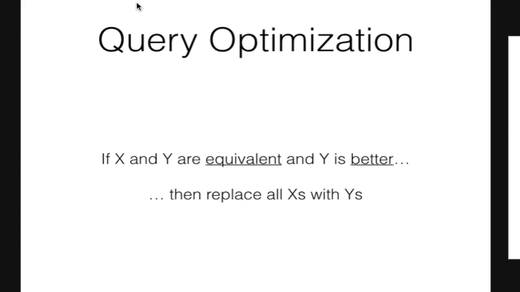And what we're going to look at today is this idea of equivalence, defining equivalence precisely, and coming up with ways of finding queries that are equivalent and recognizing that one of those two is better. And if we can find that x and y mean the same thing and y is better, anywhere we see an x, we can replace it with a y and make things go way, way, way, way faster.